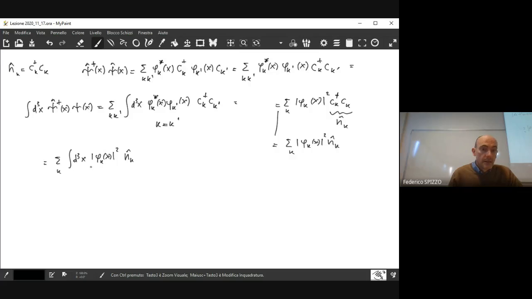If the wave functions are chosen so to have a square modulus that is equal to 1 over the full space, then this integral is just 1. So we have a summation over k of n k. So this is, at the end, the total number of particles that we have in the system.